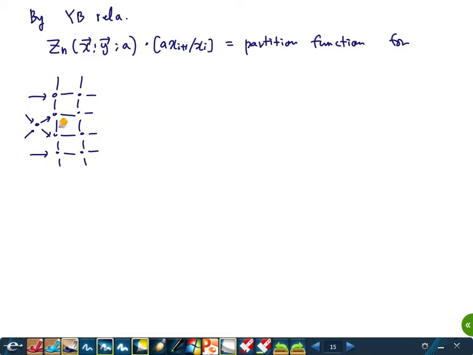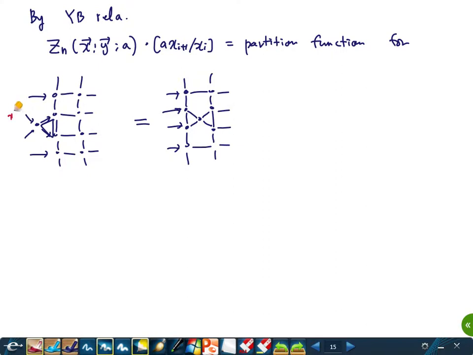Okay? So, but now what? The equation says that you can move things around: the partition function for this system is equal to the partition function for this system. Right? This is equal to this.